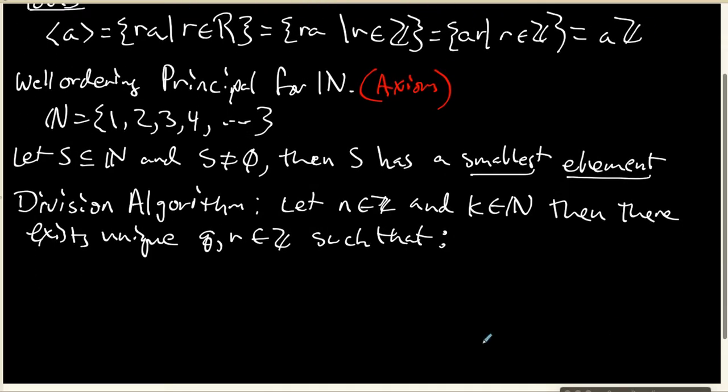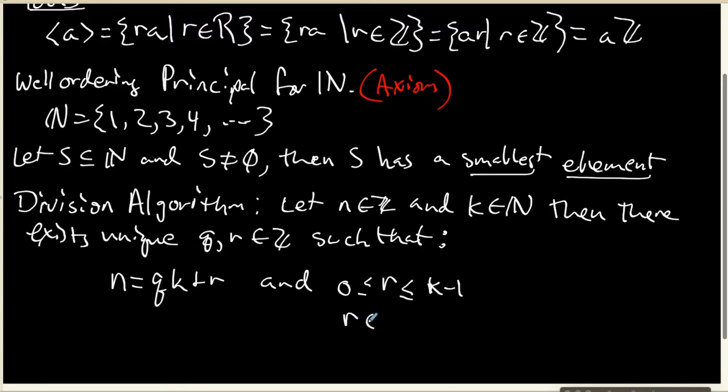The first thing is that n is going to be q times k plus r, and the second thing is that r is going to be trapped between 0 and k minus 1. In other words, r is actually inside the set 0, 1, 2, all the way up to k minus 1. And this is nothing more than the theoretical way of stating the long division algorithm that we all learned back in grade school.